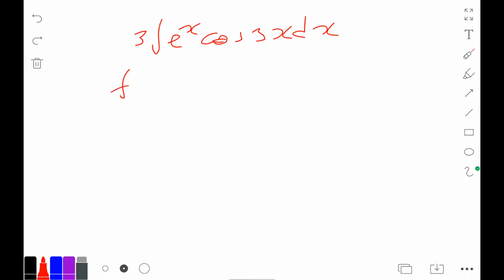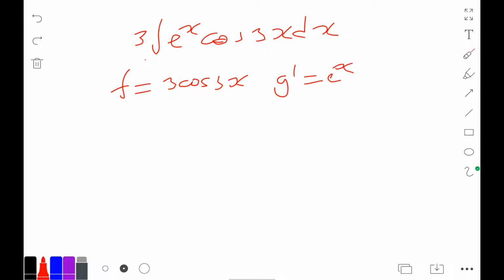We make f equal to cos 3x, and our g prime is still e to the power x.